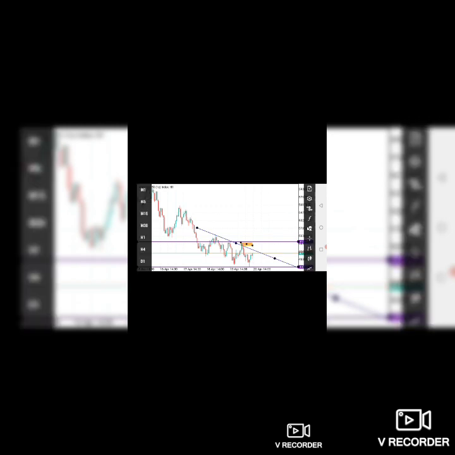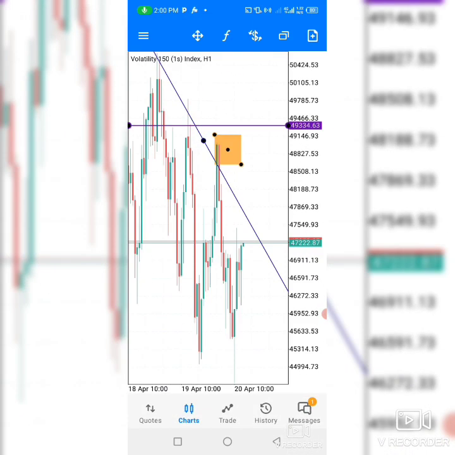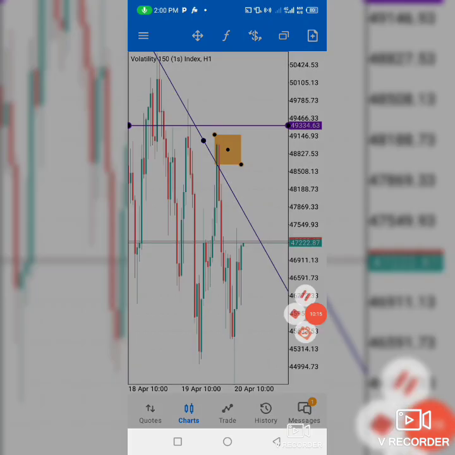Now let's go to the calculation of the lot size so that we lose minimal. From here to here is 2,148. The minimum lot size to be used on this asset is 1/1000. Now let's go to the calculator and check what we are going to do.